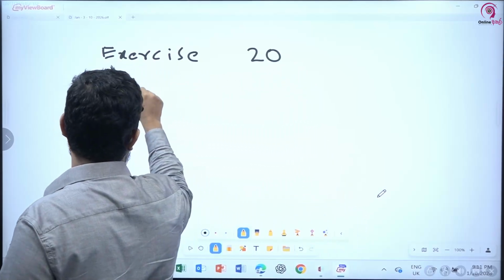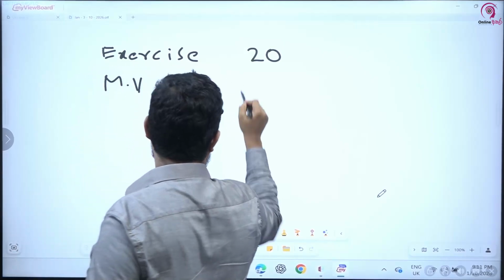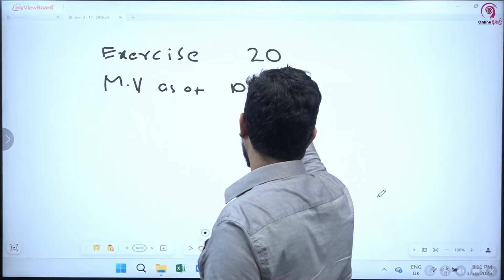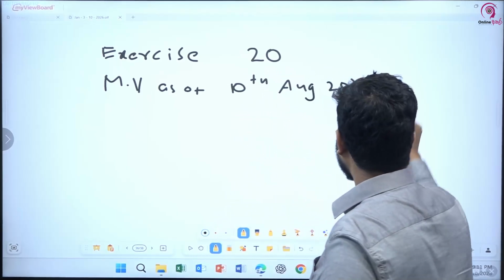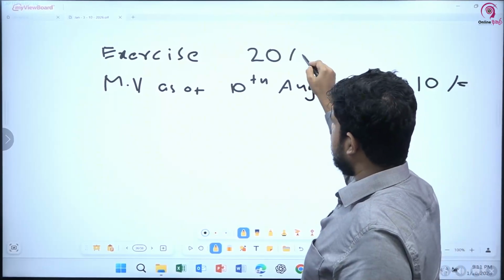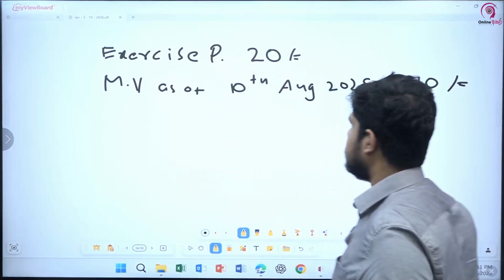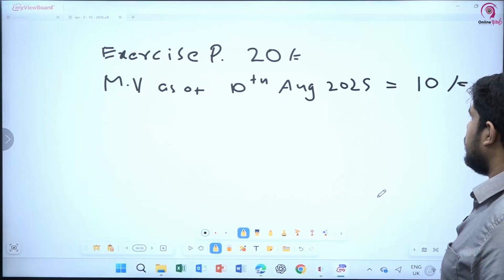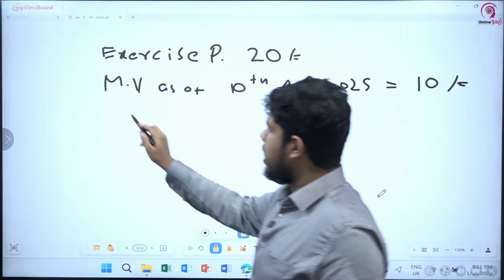Market value as of 10th August 2025 is rupees 10. Exercise price 20, market value as of 10th August 2025. This is the date of granting.